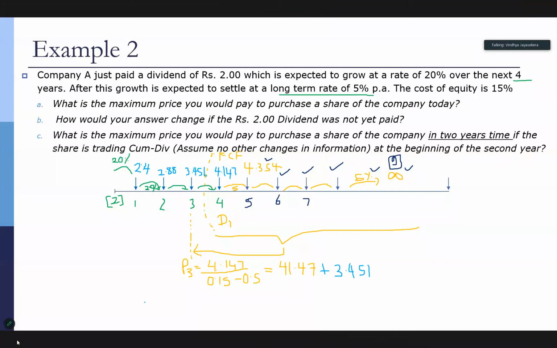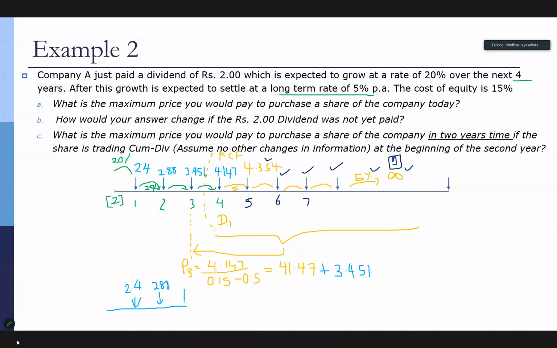So now my cash flows are actually 3 cash flows. In year 1, I get 2.4. In year 2, I get 2.88.